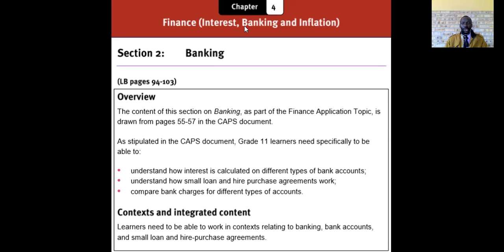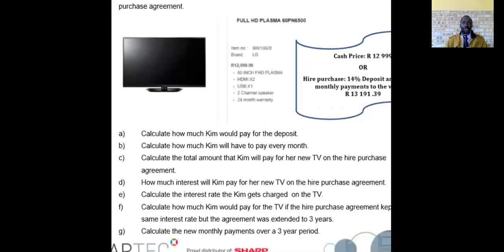We discussed hire purchase in one previous lesson, and our discussion was comprehensive, with a concept and an example. Here you can see for yourself.